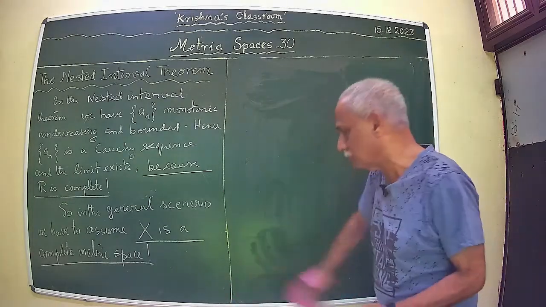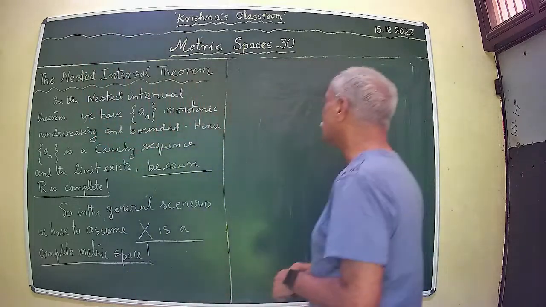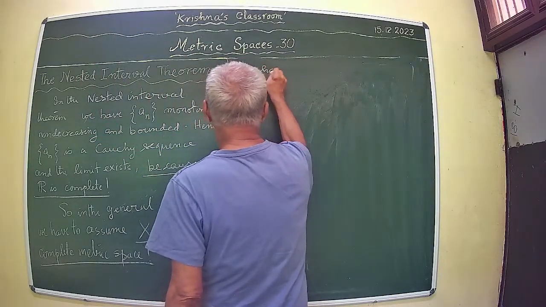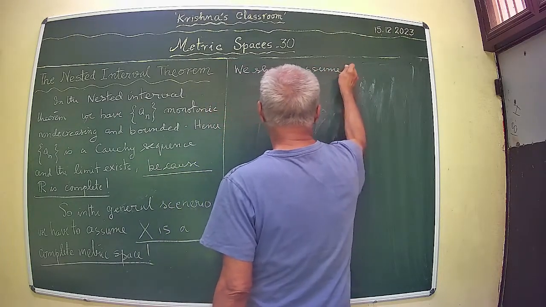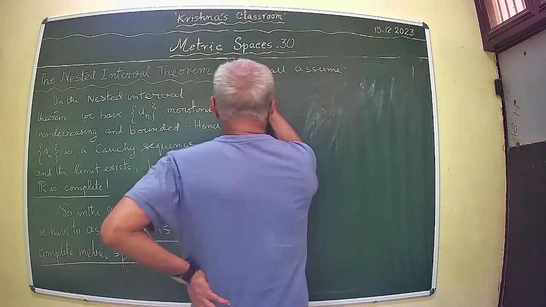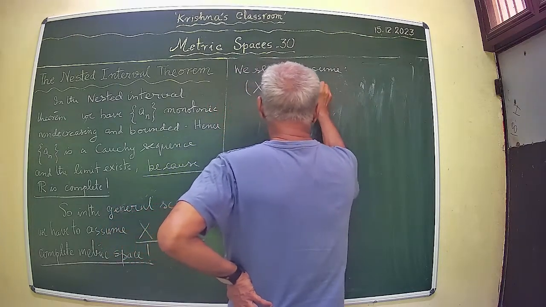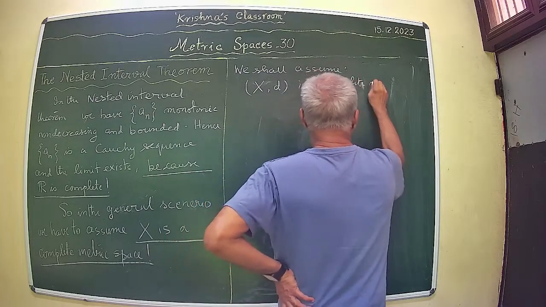There are a lot of things on the real line. Okay. So we assume X is a complete metric space.